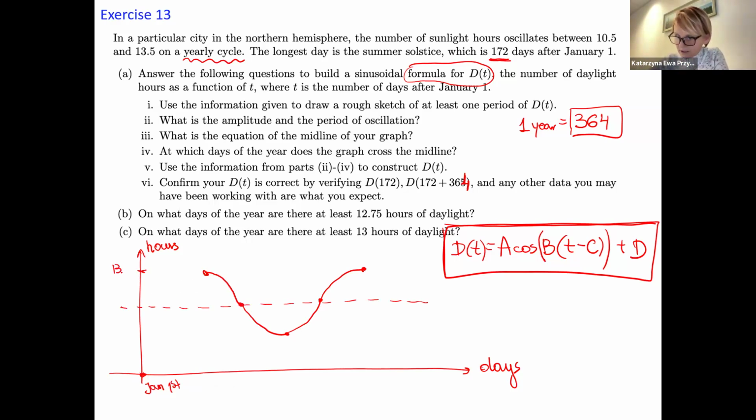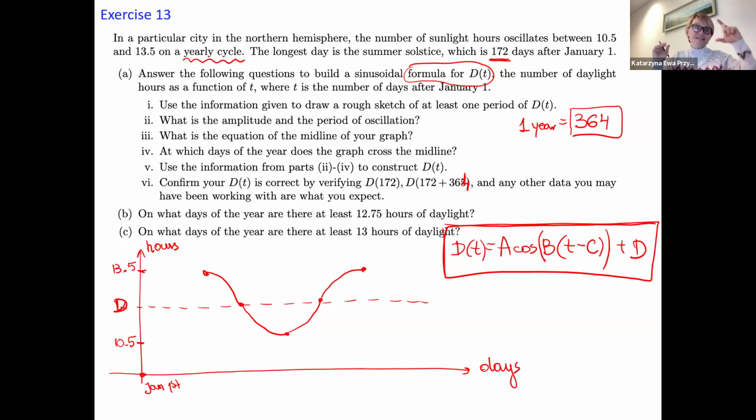Okay, maximum hours 13.5. Minimum, what's the minimum? 10.5. What is the midline? The midline means that we shifted that cosine from 0, and that will be the D value, because we lift it by that amount.